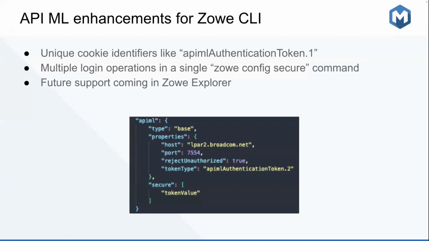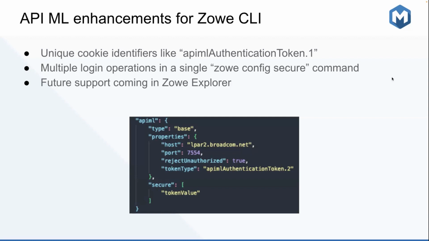So for example, a .1, or in this image down here, we have a .2. This allows, if a user is connected to different API ML instances, separate token types to distinguish between the two. Previously, Zowe CLI would only support a token type that was API ML authentication token without the suffix. We've now made the enhancement to allow support for the suffix, and it can be any number.